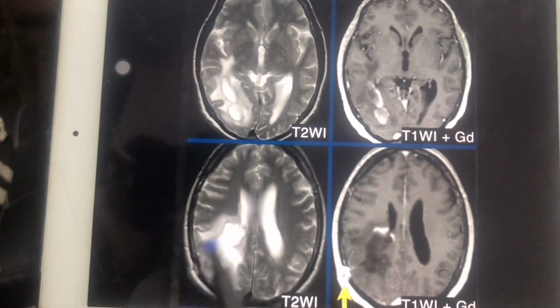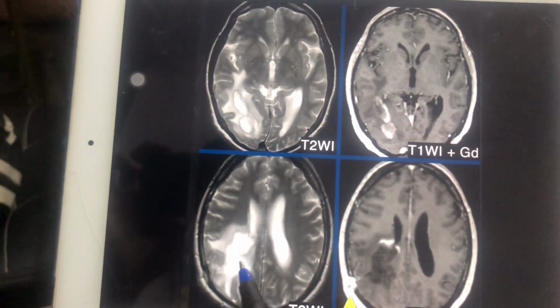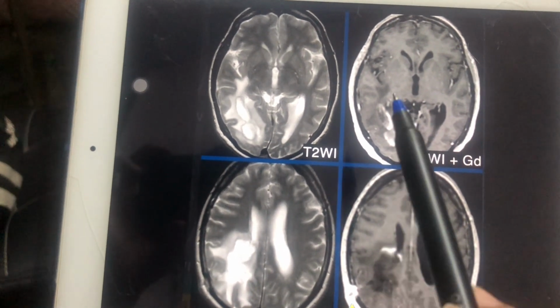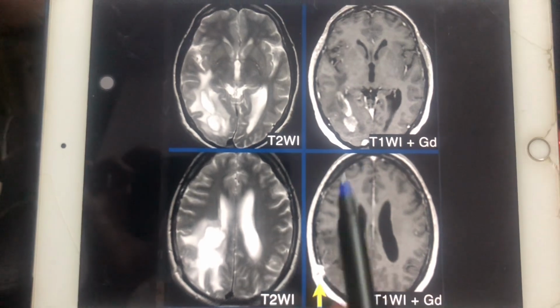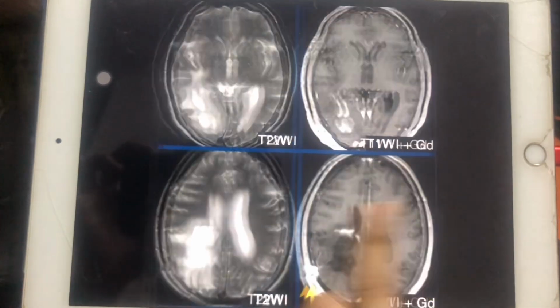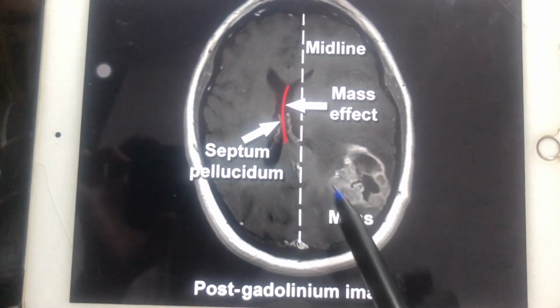Whereas here you can see that the ventricle, although it is a little small, maybe it's encroaching upon the ventricular space, but there is no effacement of the ventricle as such, and there is absolutely no midline shift. Okay, so that is telling us that this is actually not a mass. This is just a demyelination. Second thing is you can see this heterogeneous enhancement, and it is complete throughout the lesion.